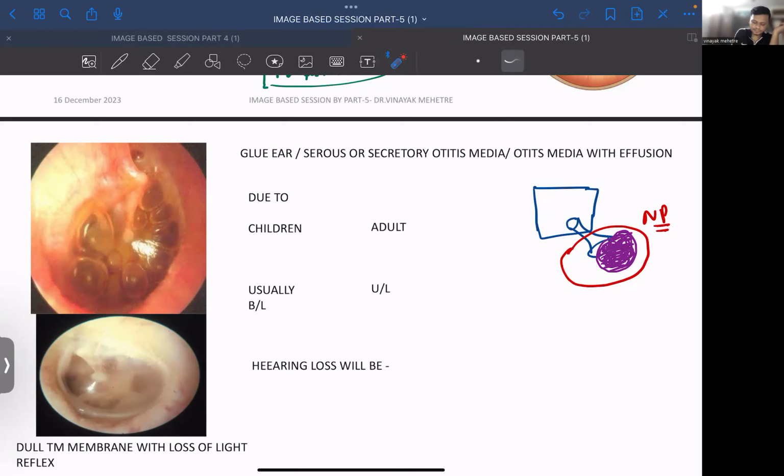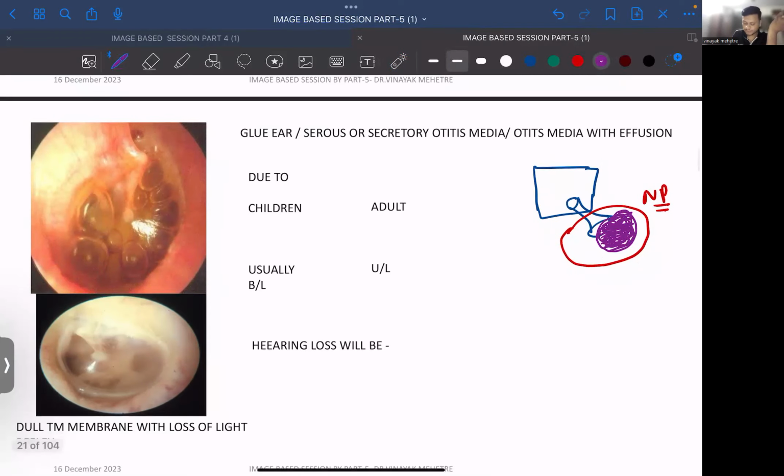Causes क्या क्या हैं? If it is going to happen in children, what will be the cause? You study one disease. The name of that disease is adenoid hypertrophy, right? Adenoids get increased in size in the childhood age, right?